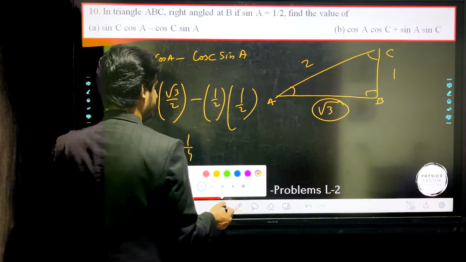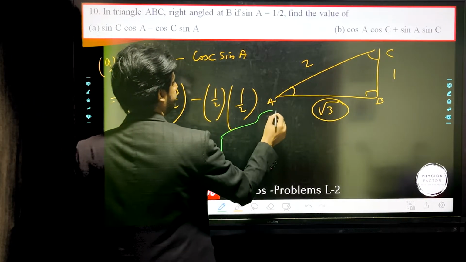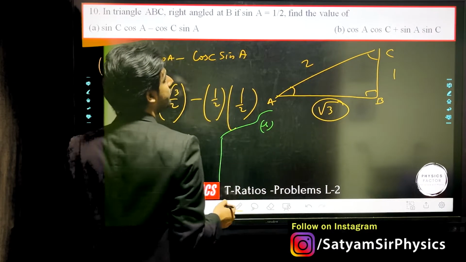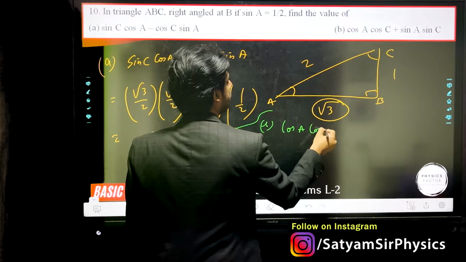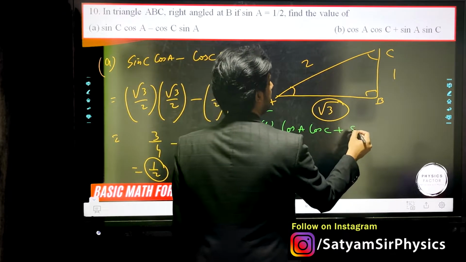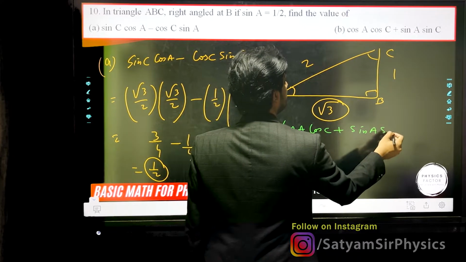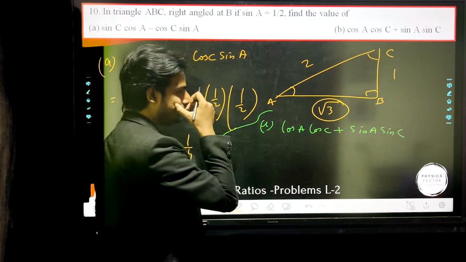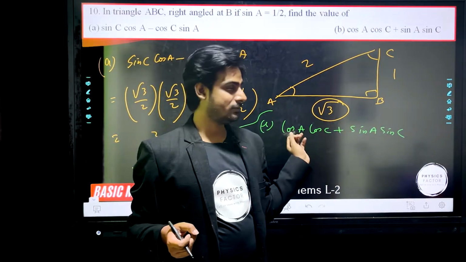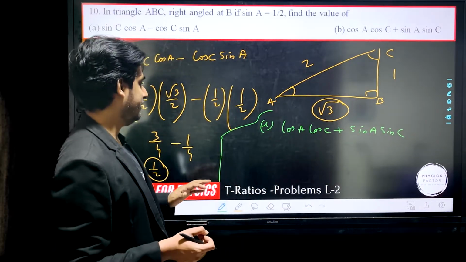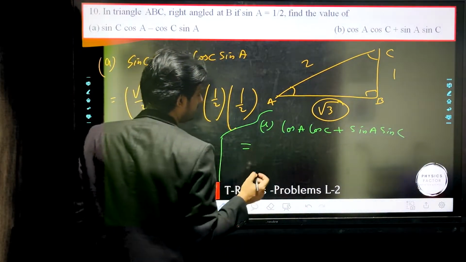Let's calculate part B. So part B is cos A cos C plus sin A sin C. Later you will study the formula: cos A cos B plus sin A sin B is cos of A minus B. Anyway, I am not using it.